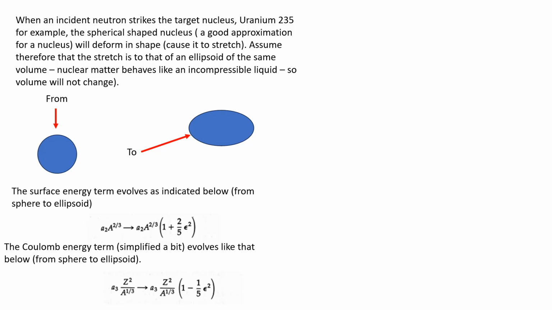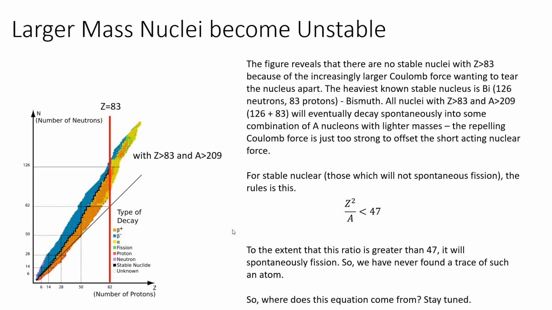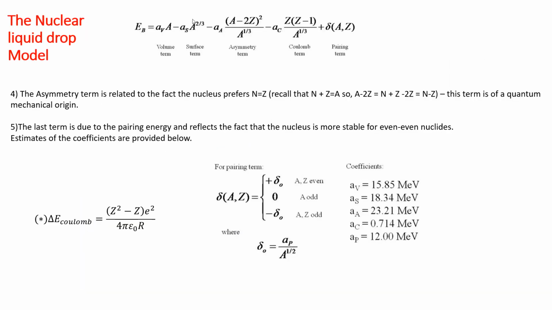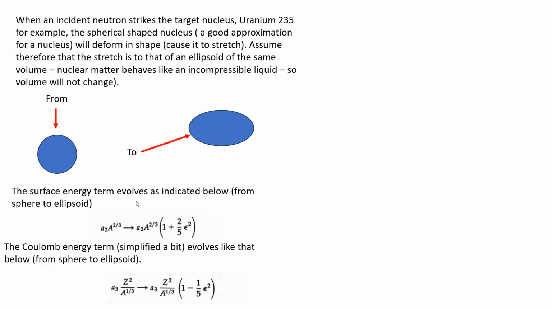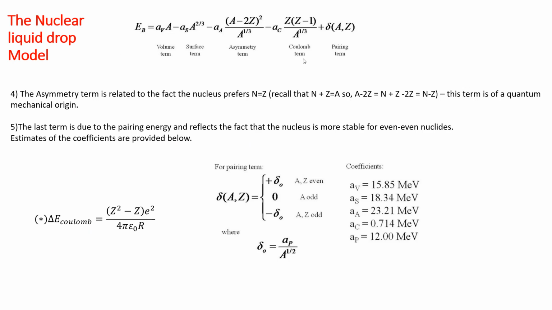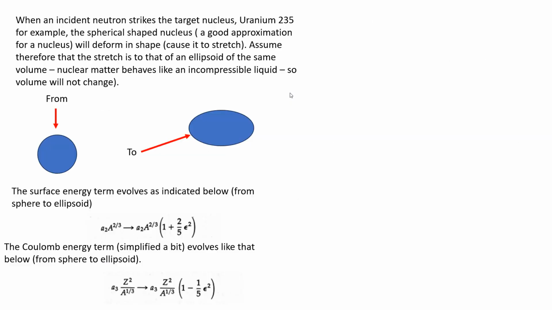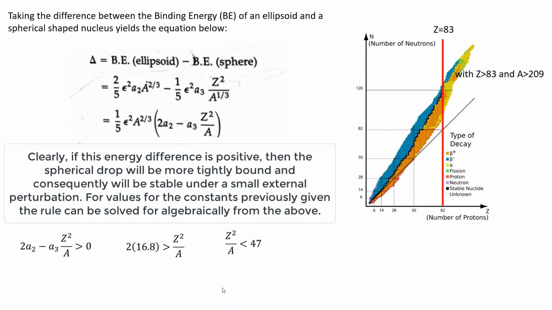It turns out, and I'm not going to go into detail, you just have to trust me, that the surface energy term evolves as indicated below. The surface energy term, this guy right here, becomes this for an ellipsoid, and the Coulomb energy term evolves from this term to this term. I added up the spherical terms, and I added up the ellipsoid terms, and I took the difference, and this is what I got.